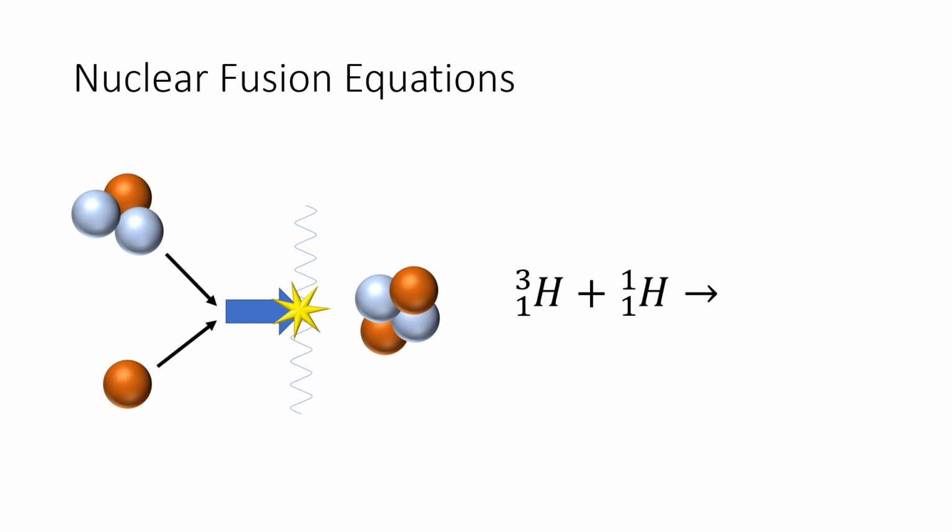And they join together to make helium. And when this happens, there is a huge release of energy and we get 2 gamma rays. Correct yourself if you got the equation wrong. And let's move on.